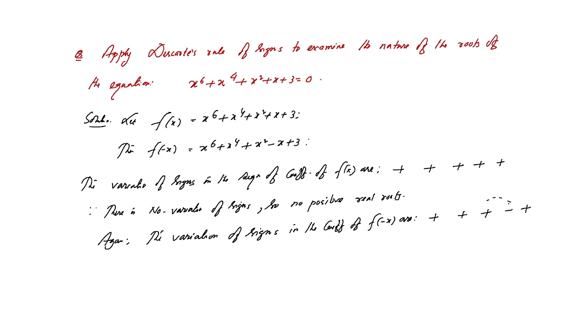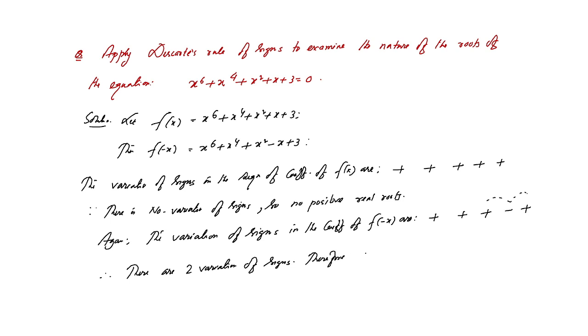So here you will see the variation is here, and here is also a variation. So the number of variation of sign is 2. Variation of sign means plus to minus and minus to plus. 2 variation of sign.